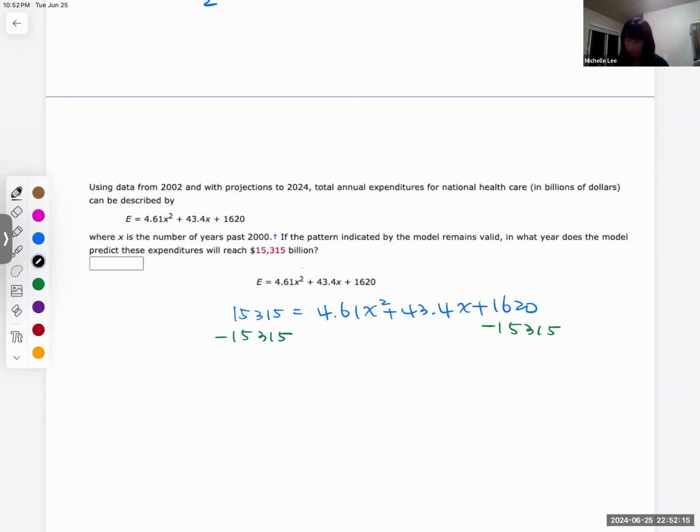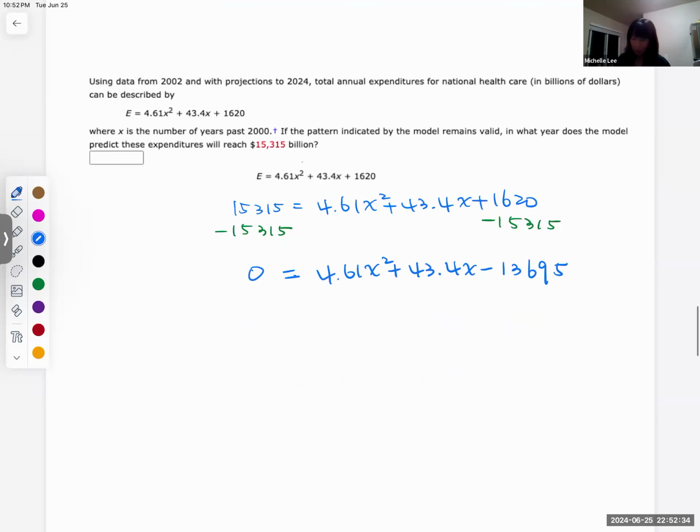So we get 0 on the other side. And this is 4.61x squared plus 43.4x minus 13,695, right? So this is A, this is B, this is C, right? The number only, not including x.